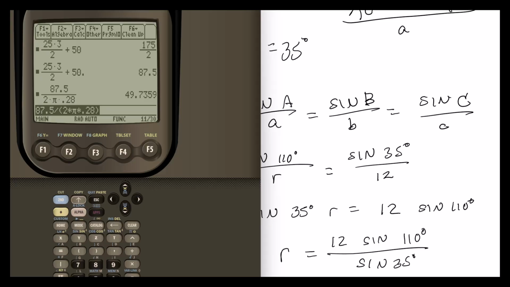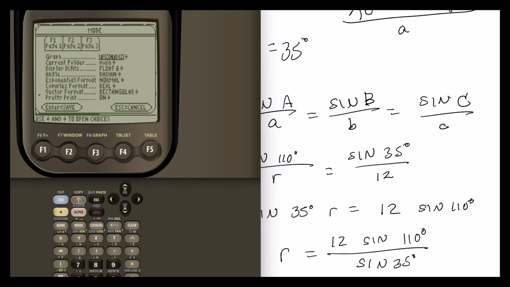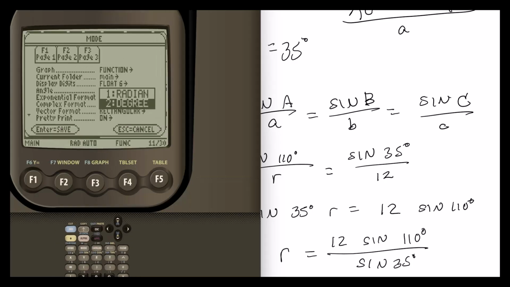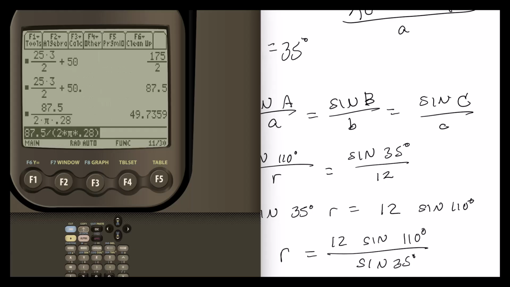Okay, so I can do that, but I'm in radians. Of course I'm in radians, so I need to switch over to degrees. I'm apparently changing the sizes of things on my screen, I don't even know how I'm doing that, and I can't even see it at home.